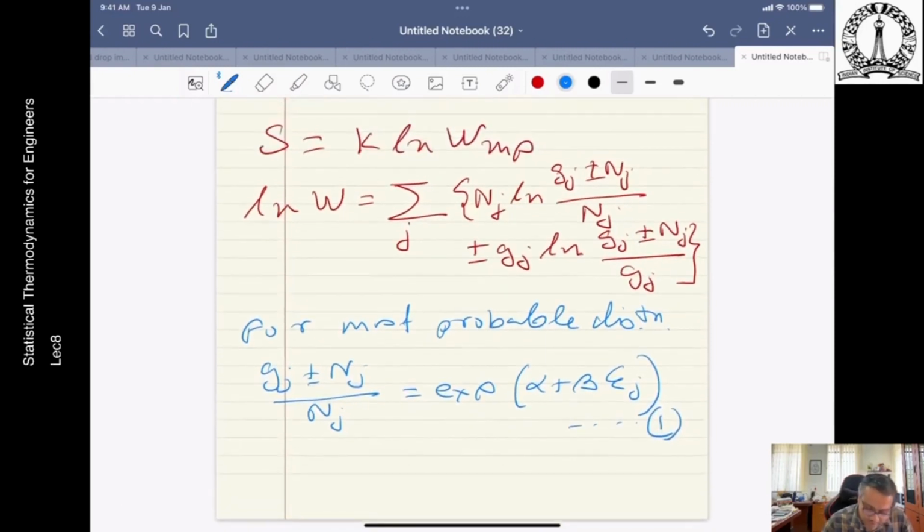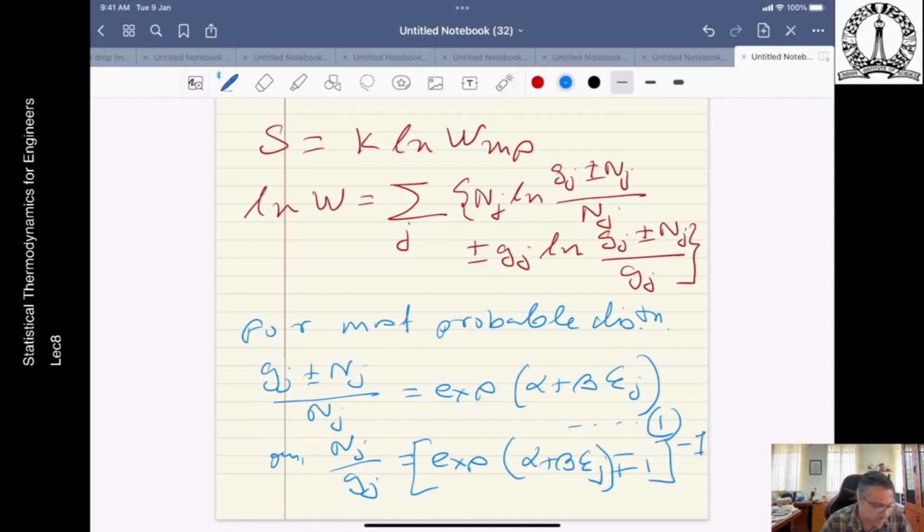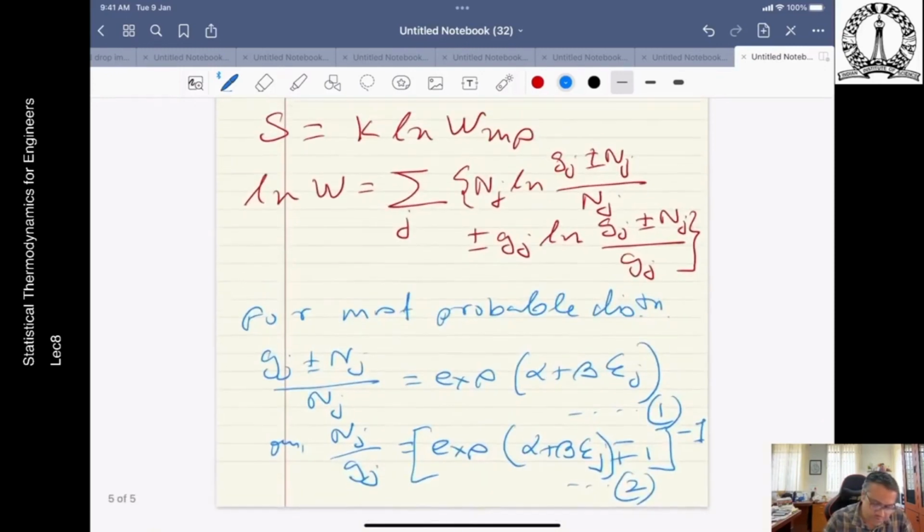Or in other words, we can say Nj by Gj is equal to [exponential of (alpha plus beta Ej) ∓ 1] raised to the power of minus 1. So this is relationship 2.